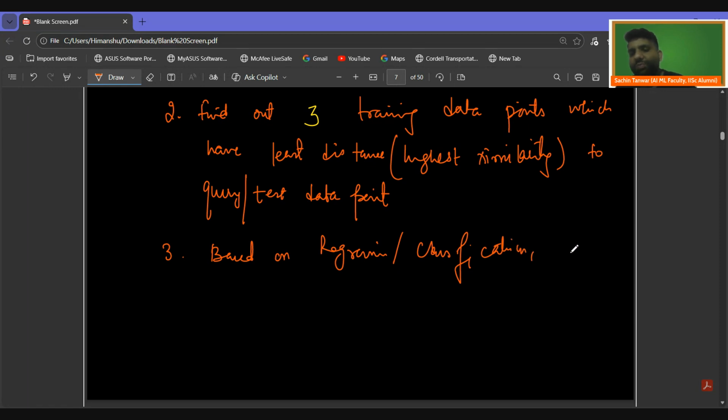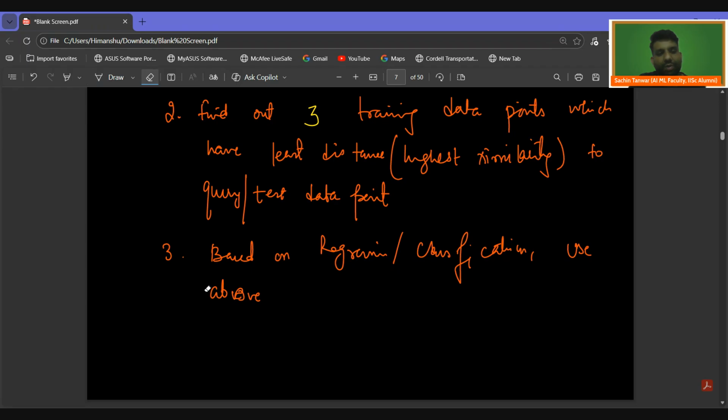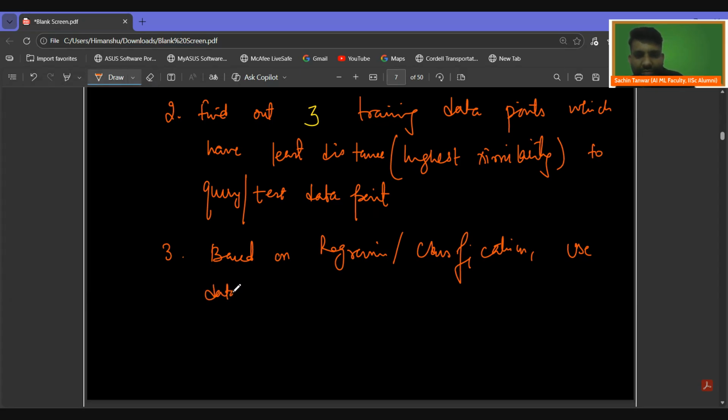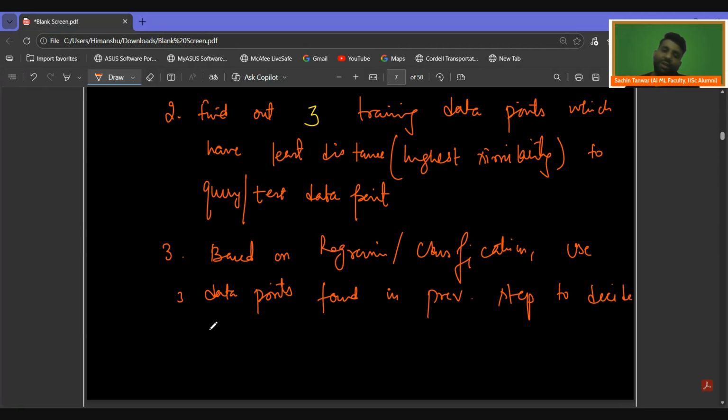Use the data points found in the previous step. Use the 3 data points from the previous step to decide the target variable.